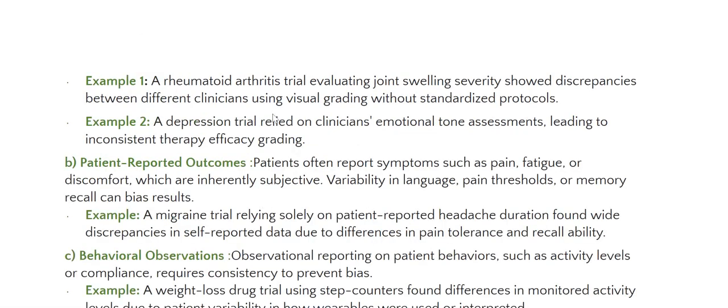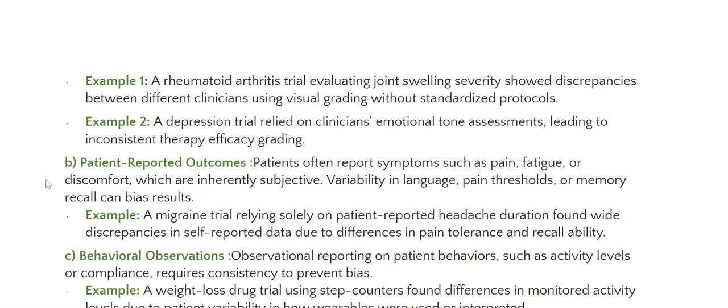Example one, a rheumatoid arthritis, or RA for short, trial evaluating joint swelling severity showed discrepancies between different clinicians using visual grading without standardized protocols. Example two, a depression trial relied on clinicians' emotional tone assessments, leading to inconsistent therapy efficacy grading.